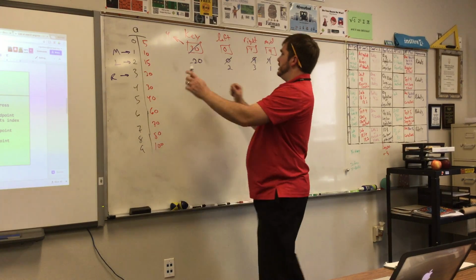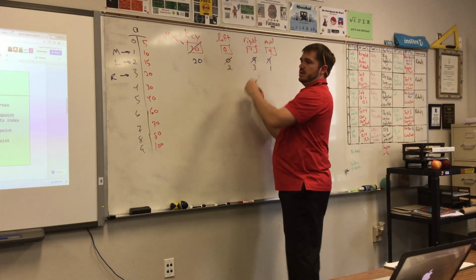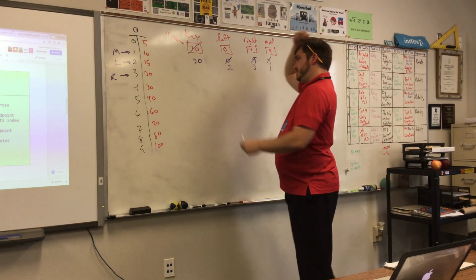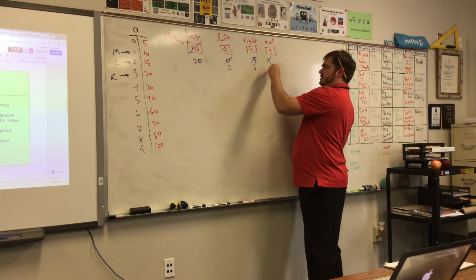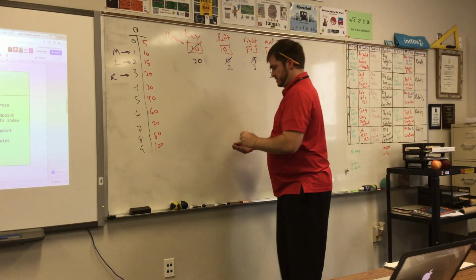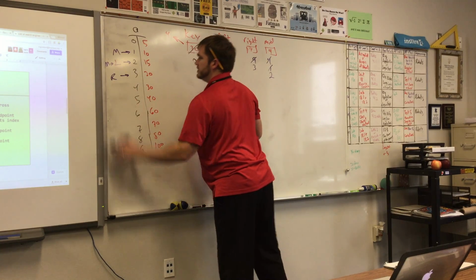Loop back around. Is left less than or equal to right? Yes, it is. So we're going in. Midpoint is left plus right over 2. 2 plus 3 is 5. Divided by 2 is 2.5. So 2. So midpoint is 2.